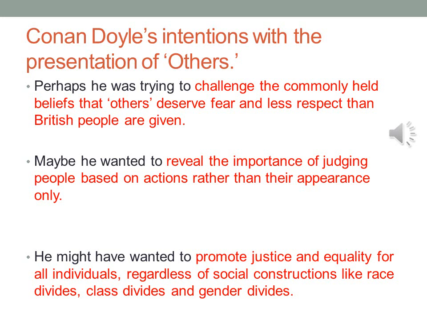Maybe another reason is that he wanted to reveal the importance of judging people on action rather than appearance only, which links to anyone's appearance but race in particular. And he might have also wanted to promote justice and equality for all individuals, regardless of the social constructions that surround them, like race divides, class divides, or gender divides. So these are 3 possible reasons as to why Doyle presented his views in the way that he did through the characters that he did.